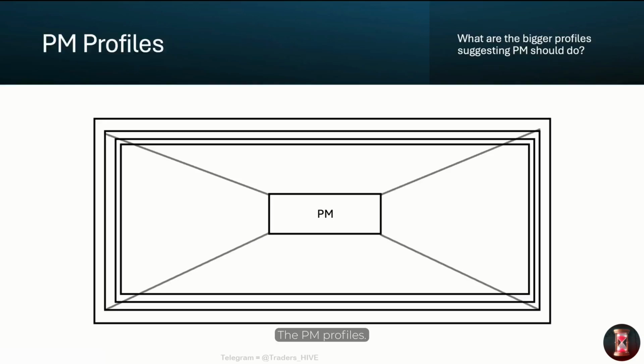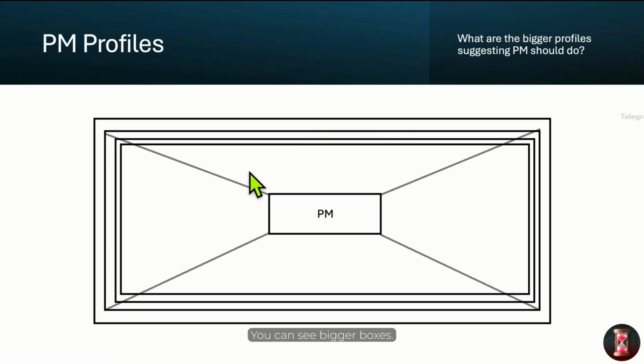The PM profiles. First of all, you must ask yourself the question, what are the bigger profiles suggesting PM should do? I have utilized the schematic prior for the London and AM profiles, and I'm just going to utilize it for the PM profiles as well. What I want you to see is that we have this small box right here, which represents the PM session.